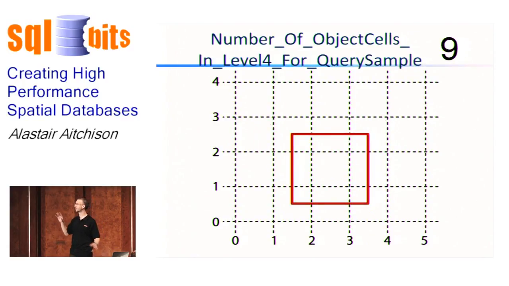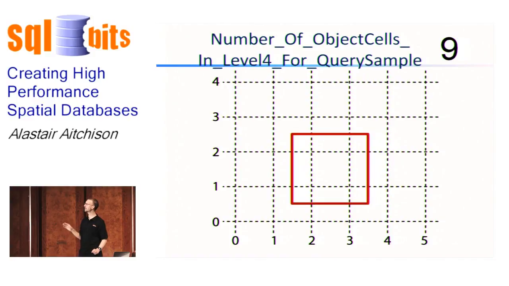The next thing, and this is an important point, I'm going to stress this a bit. When you're comparing those two geometries, the query sample and the points in the index, both of them must be tessellated down to the same index grid. So though the index only exists on the table, in order to do the primary filter against that query sample, we're going to compare the query sample to the same grid.